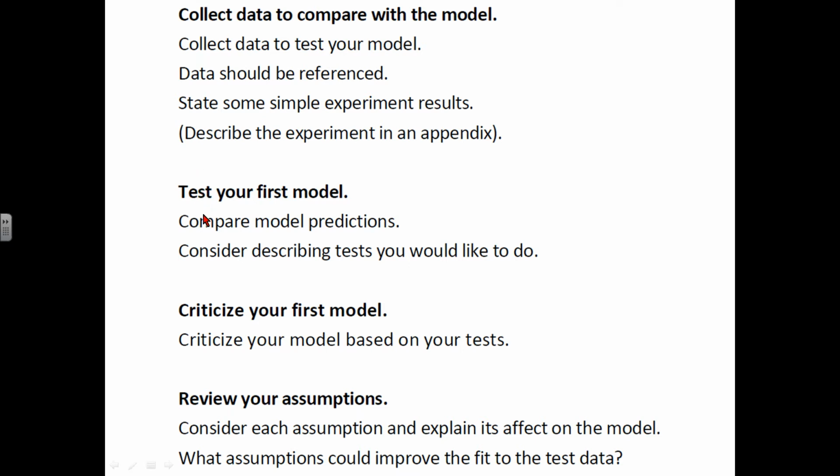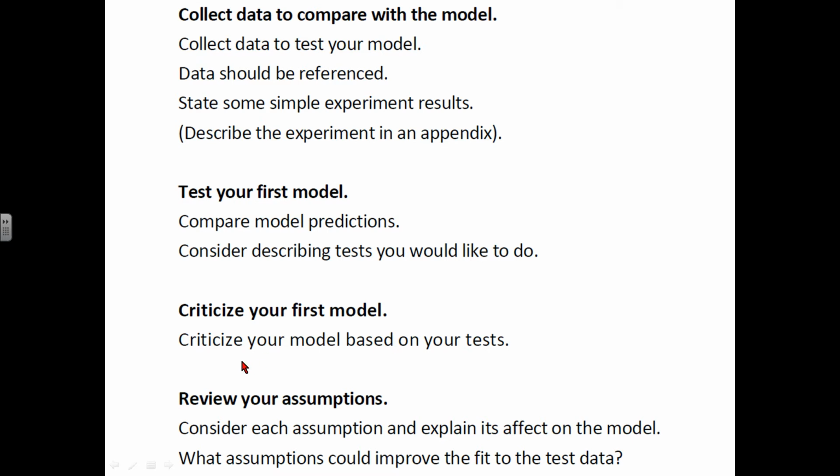Test your model, i.e. make predictions, and consider describing tests that you would like to do. So for example, climbing up at the top of a tower block and dropping something off might be something I'd like to do, but for various reasons you can quite clearly see that it's not a possibility.